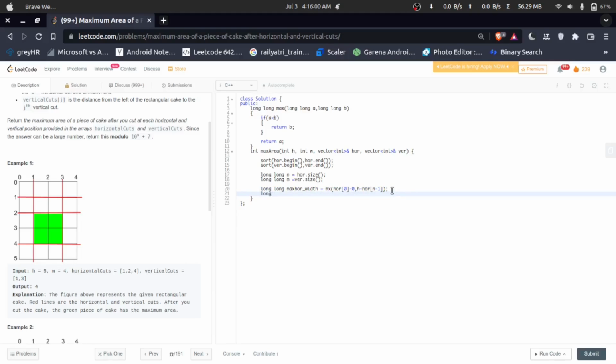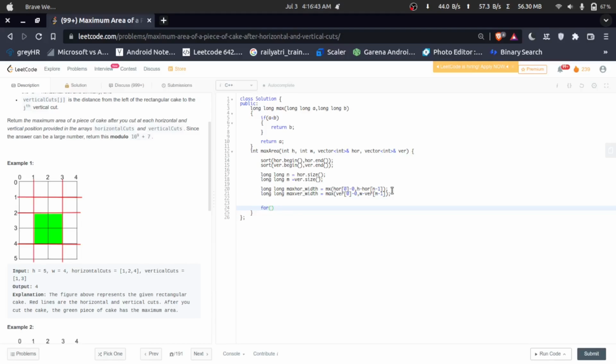And long maximum vertical width is basically max of vertical of 0 minus 0, and v, sorry, the width minus vertical of m minus 1.